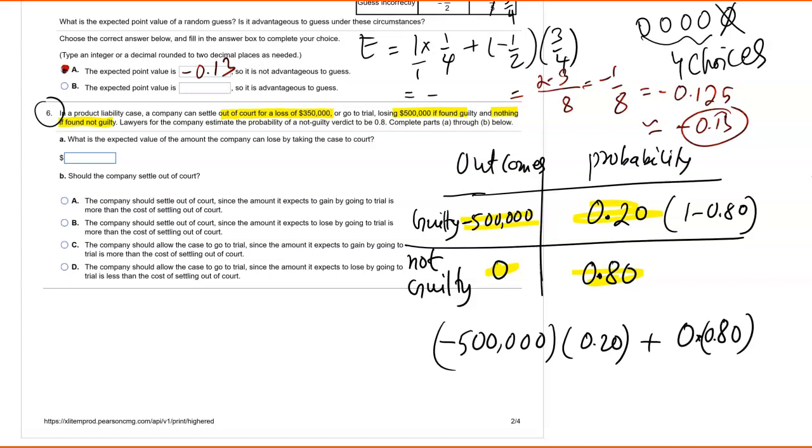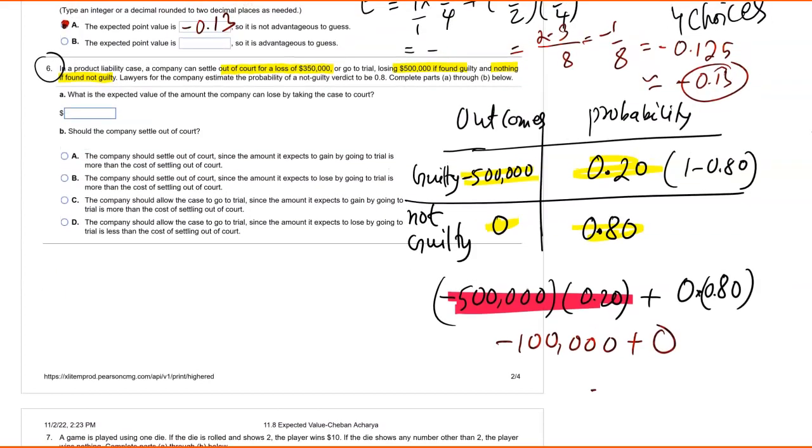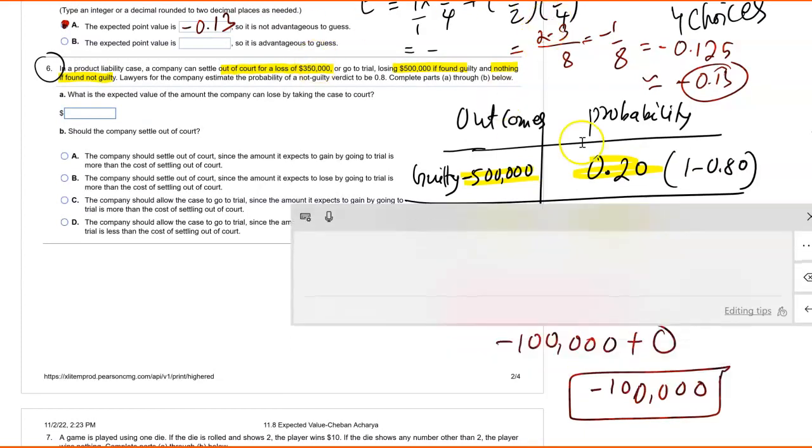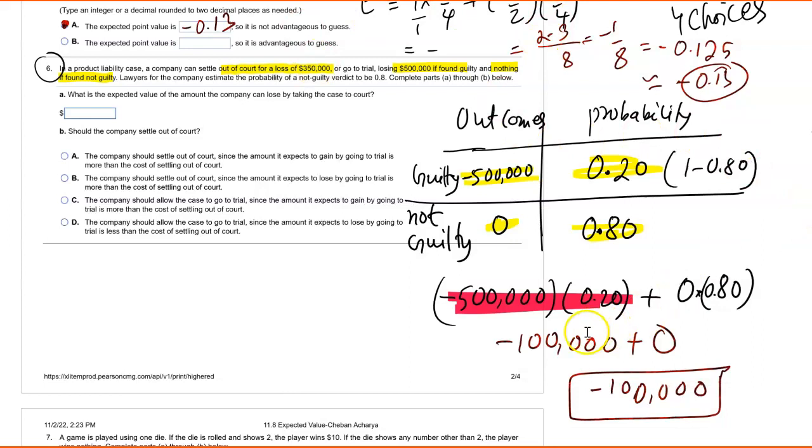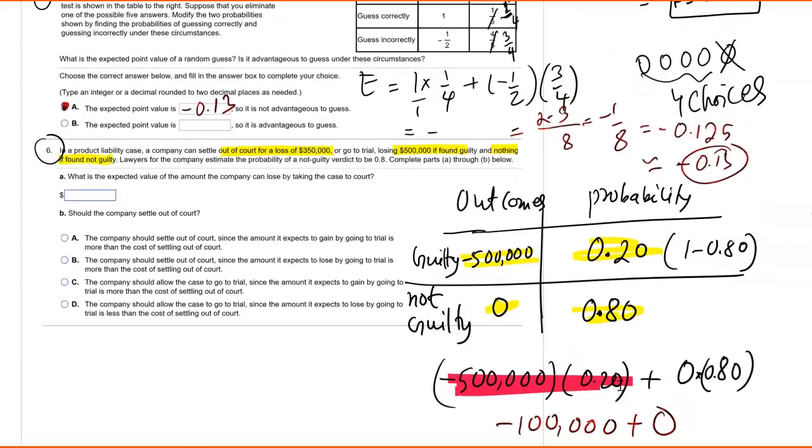Now if you multiply these two numbers, you get negative 100,000 plus 0, so this is negative 100,000. That means the company's expected value is negative 100,000. In other words, the company expects to lose 100,000. That's what the expected value is going to be.